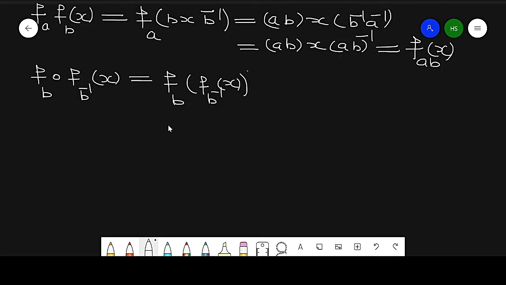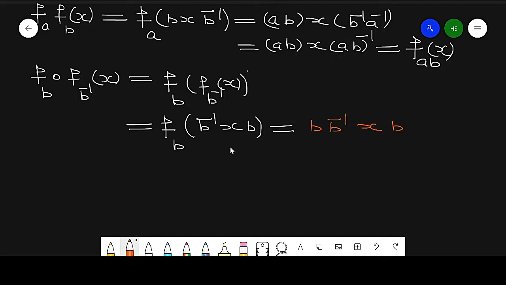Substituting its value, this is f_b of (b inverse x b). Operating again, we get b b inverse x b b inverse.